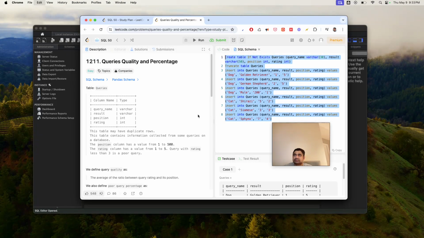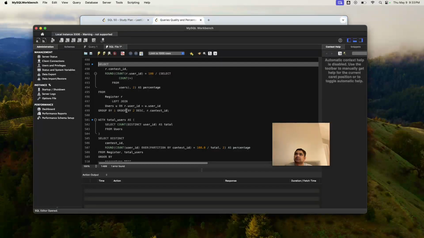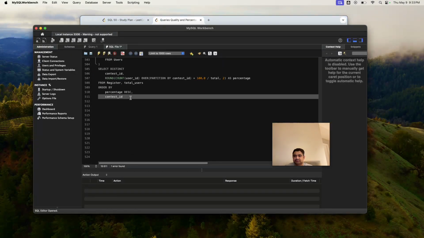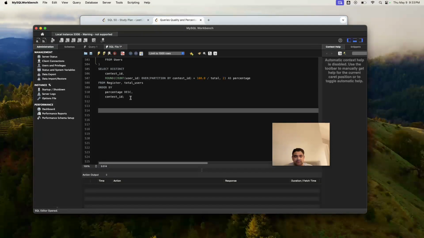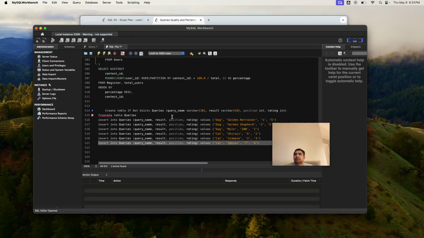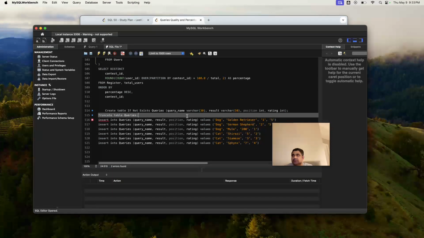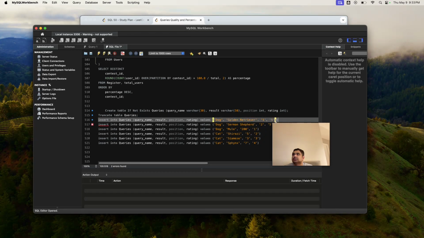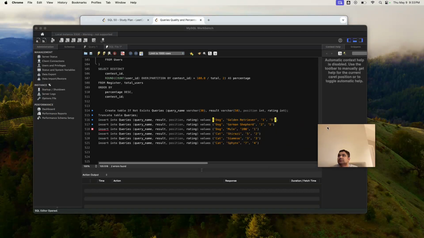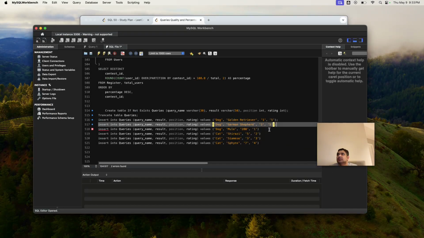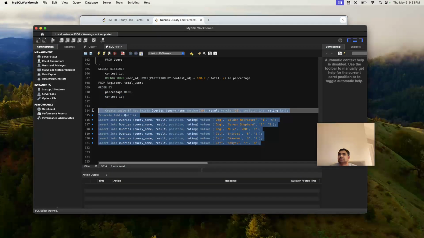Then we can query and see how we can do the remaining things. Since I have only one table, I will execute everything in one step.